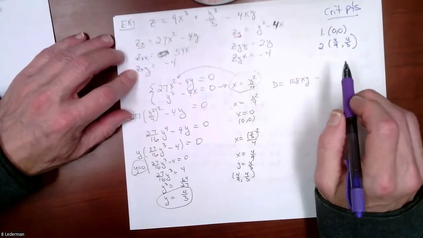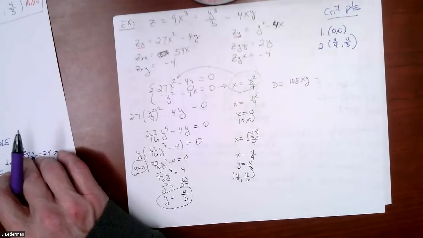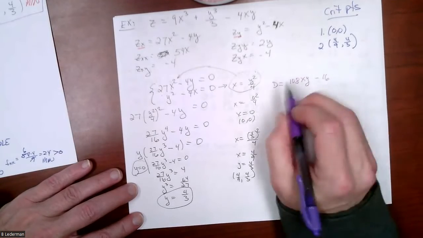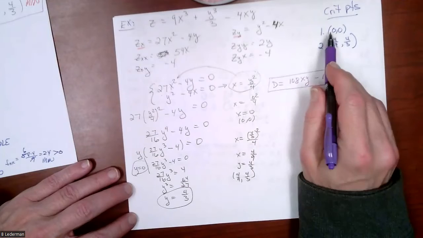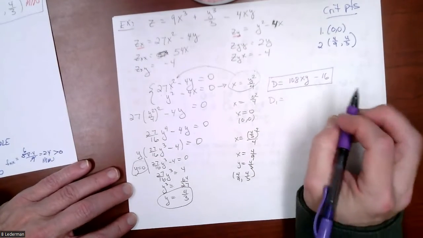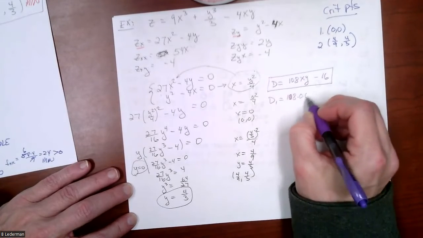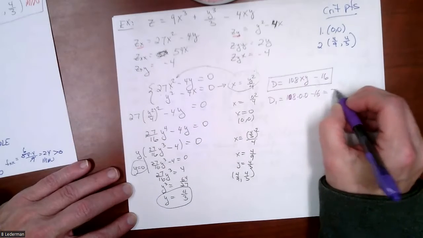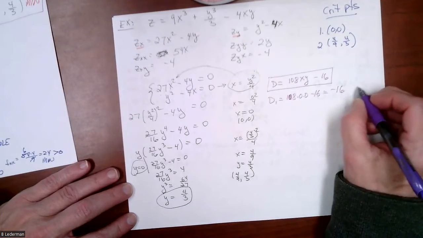So it's three minuses, and it becomes negative 16. That's my D. I'm going to put D in a box. There's only two critical points, so I just need D1 and D2. D1 is 108 times 0 times 0 minus 16, which is just negative 16. And of course, negative 16 is negative, so it's a saddle point.